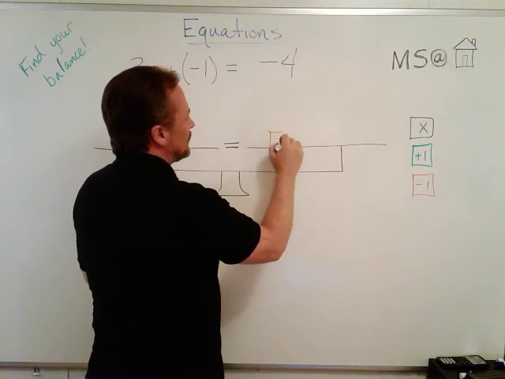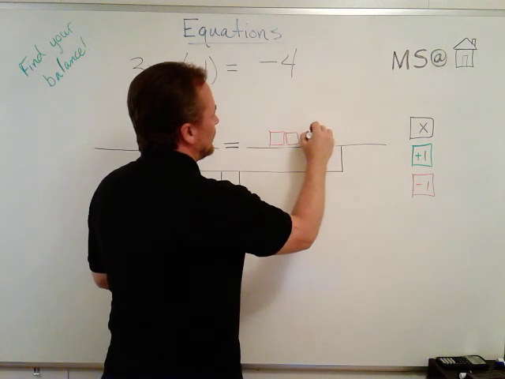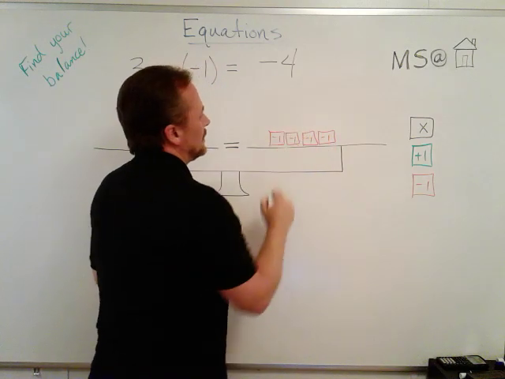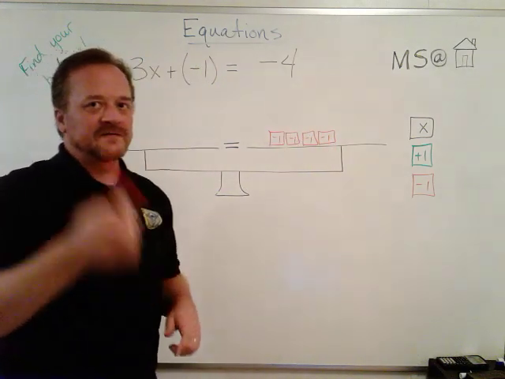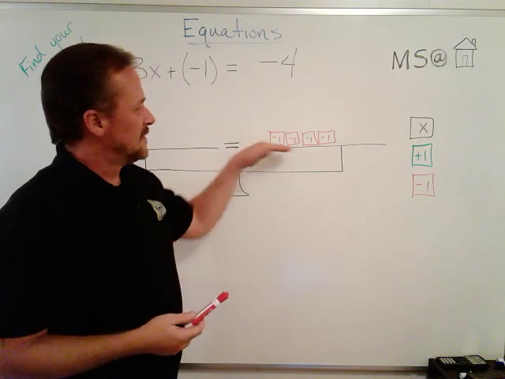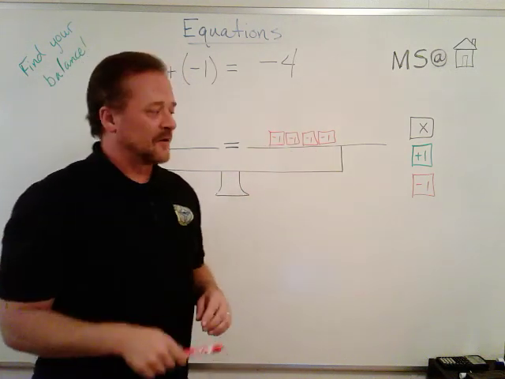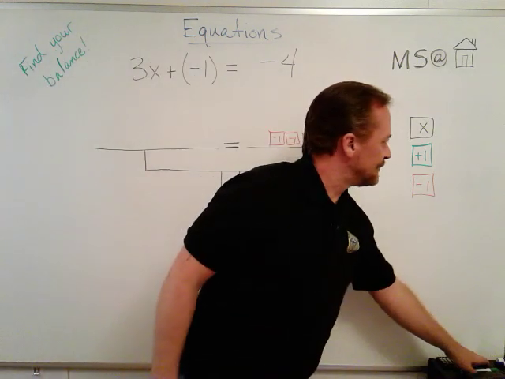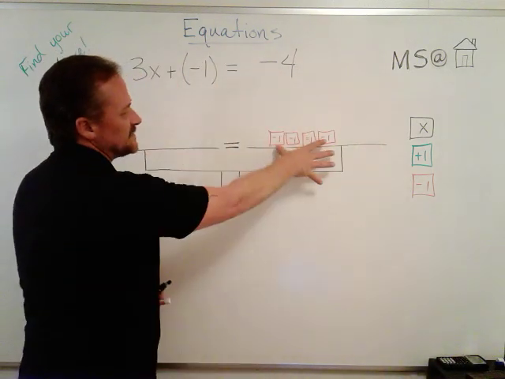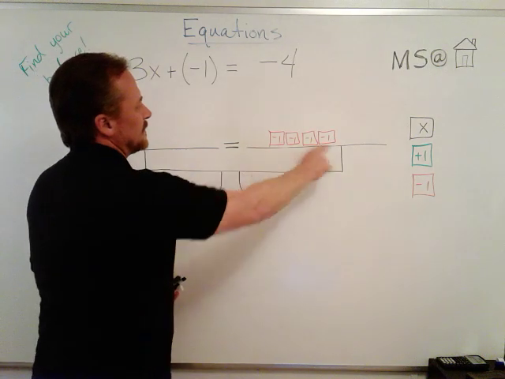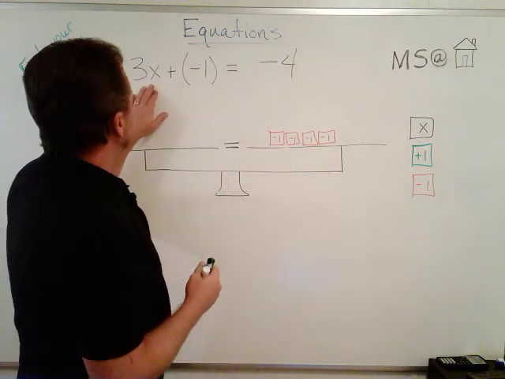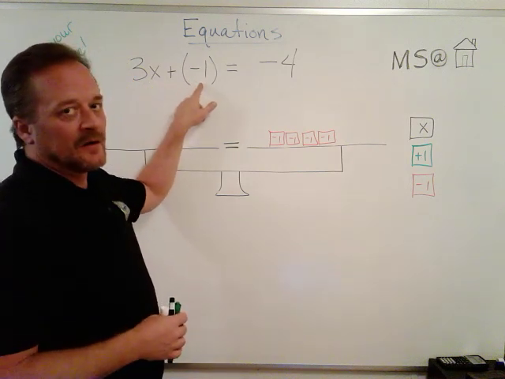So here's one, here's another, here's another, and here's another. If you have colored pencils or markers or even crayons, I would suggest going ahead and using different colors because it helps illustrate it and makes it pop out better. So this side's done, right? -4.